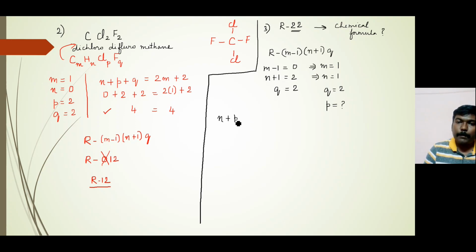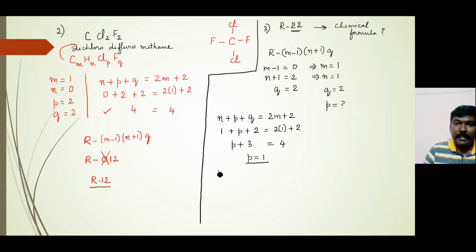N plus P plus Q is equal to 2M plus 2. Okay, so N we know is 1, P we don't know, Q is 2, and the number of carbon atoms happens to be 1. So on the right hand side we are going to have 4. So we have P plus 3 is equal to 4, which means P is equal to 1.